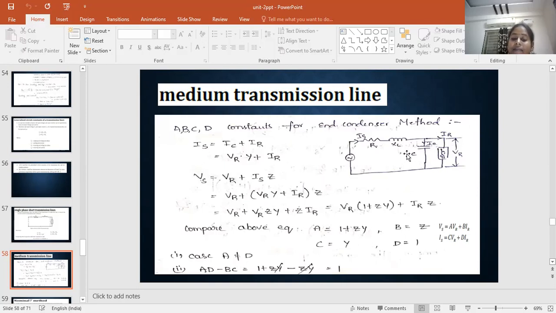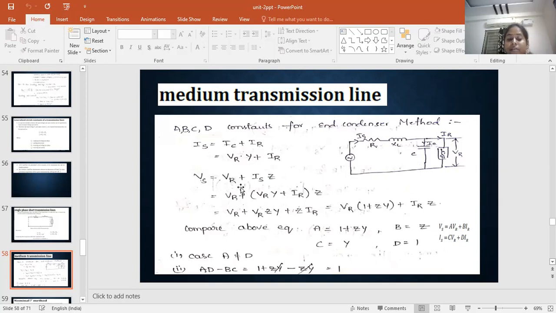That 1 by XC is the susceptance value, which we can represent as Y. Okay. And IC, the capacitive current, equal to VR into Y, plus IR. So finally we get Is in terms of VR and IR. So this is equation 1.